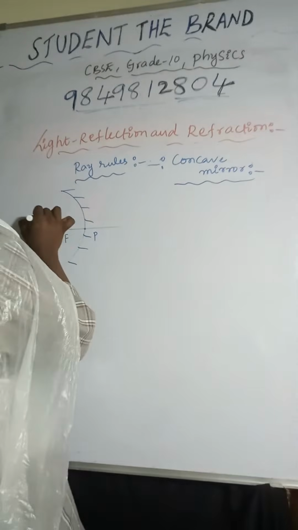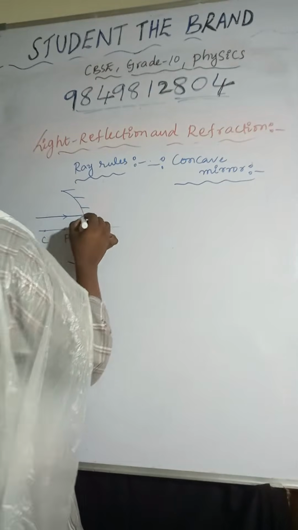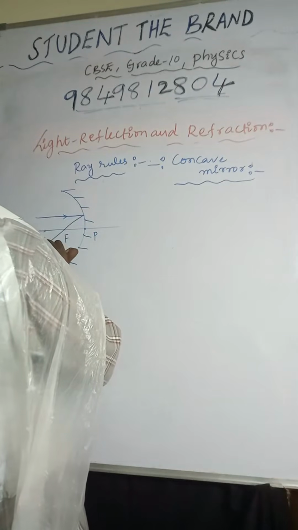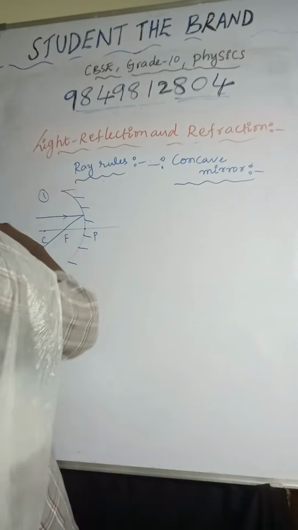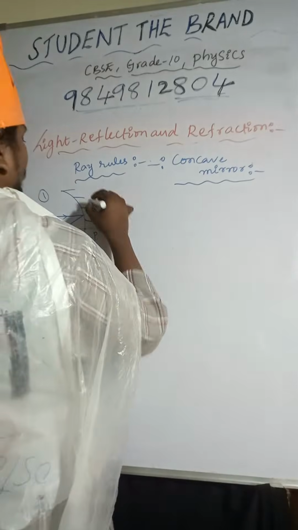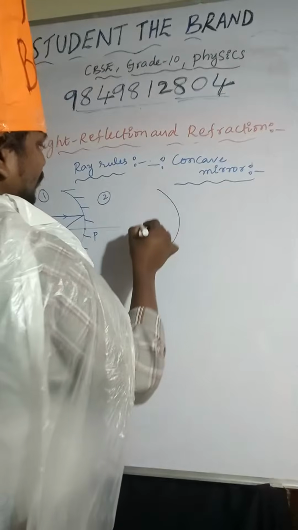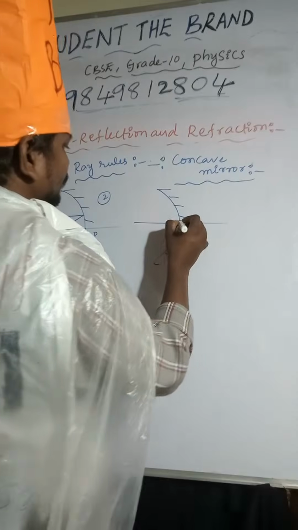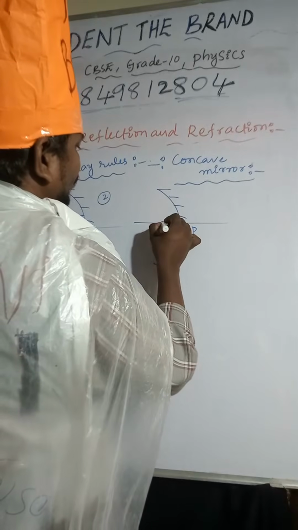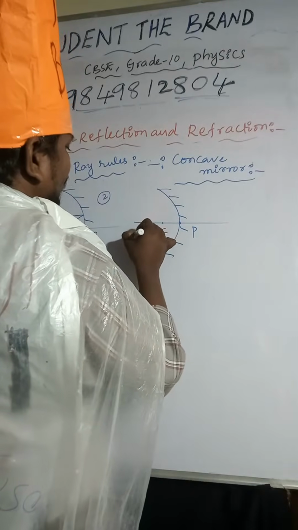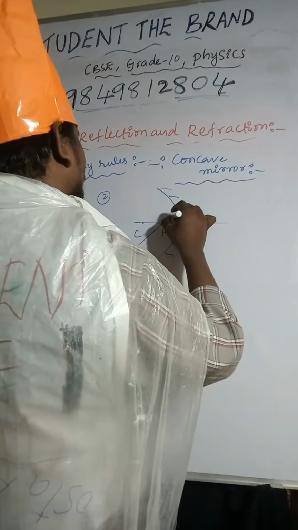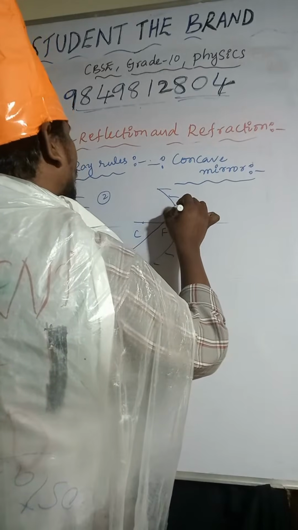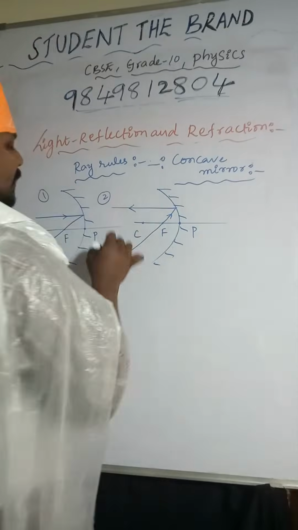One light ray I am taking like this, and another light ray. Point number 1 and point number 2. Pole, focus, center of curvature: a light ray passing through focus, after reflection, moves towards infinity.